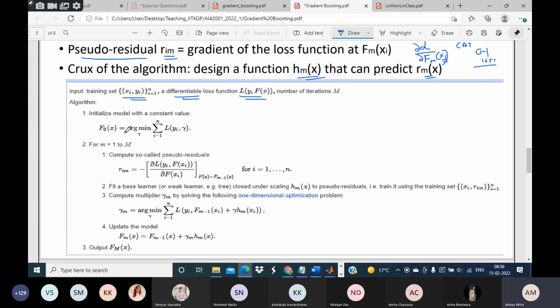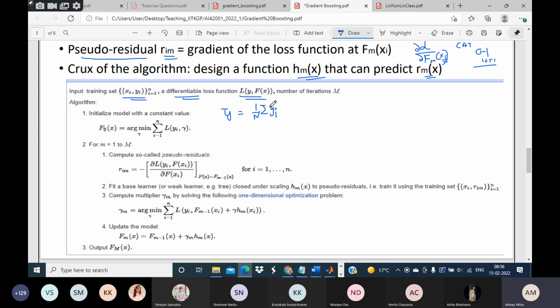So generally what we do is we initialize a model with maybe something like a constant value, which is f naught x, which may simply be the mean value of all the y's, or it can be some common value of yi which minimizes the loss function, whichever loss function is being used.